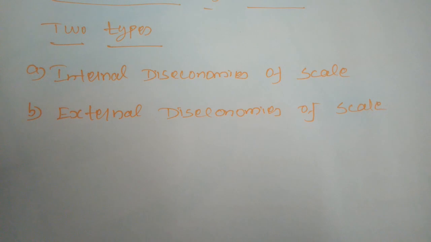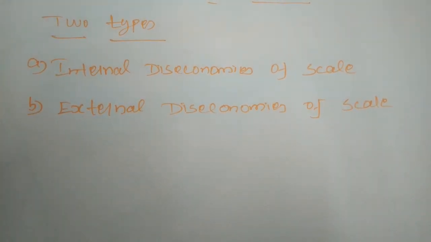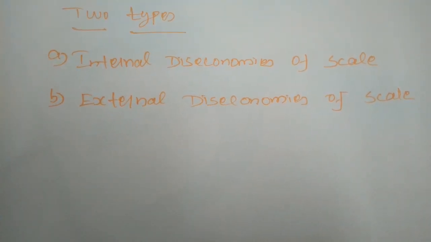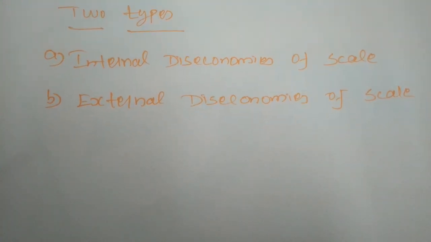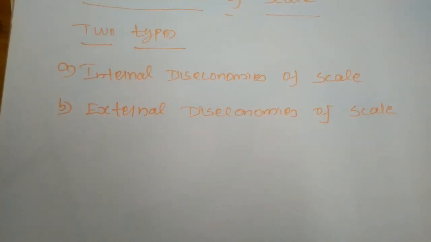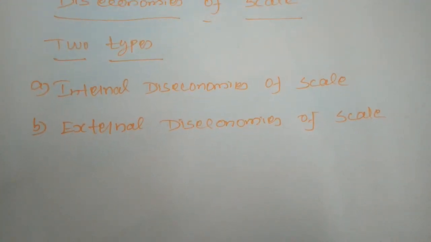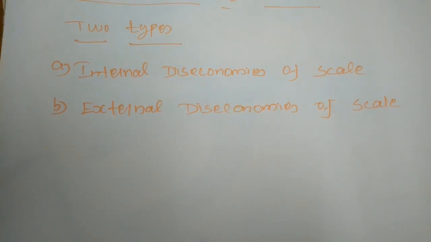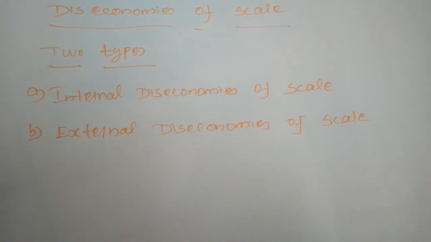So when unnecessary things arise outside the firm and affect it, it is called diseconomies of scale. Like that, the rent of the firm increases because more new economic units will be established. So if problems occur outside and the firms suffer disadvantages because of that, it is called external diseconomies of scale.